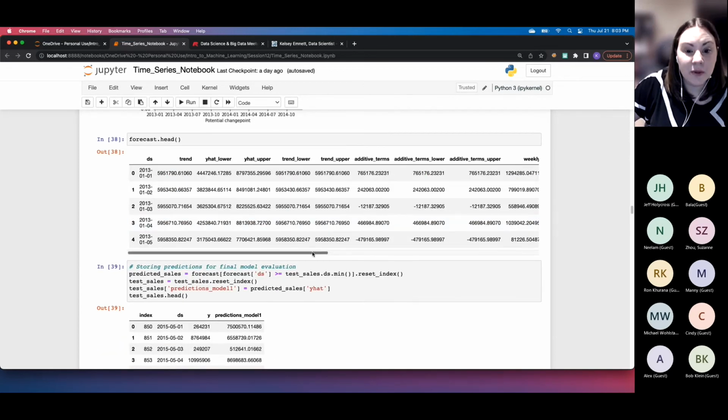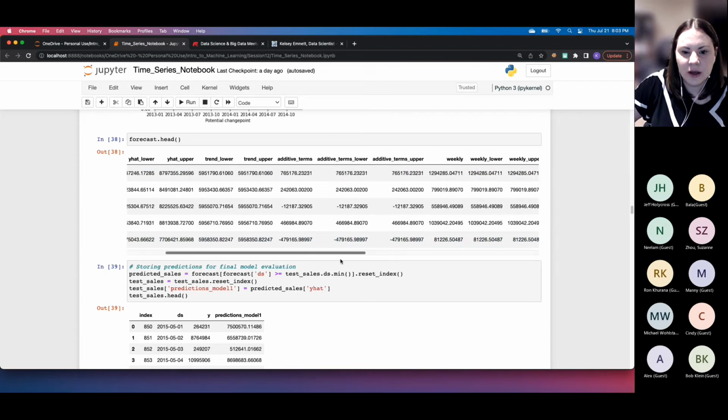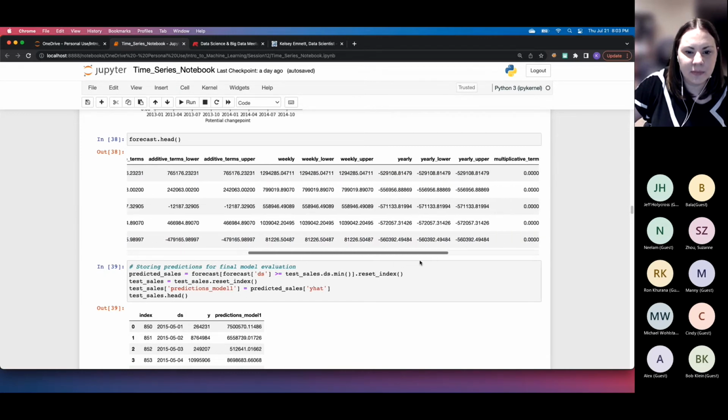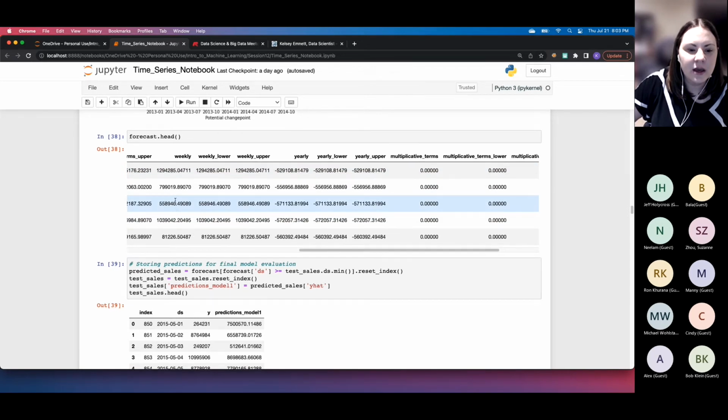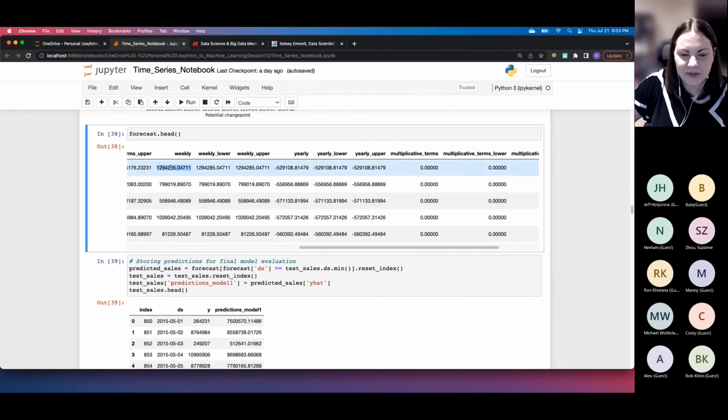And this is what the output looks like. It gives you a trend, and then it gives you a confidence interval around that trend. It gives a prediction and a confidence interval around that prediction. It gives our weekly seasonality. These will be repeated. You're going to see every Monday will have the same value.